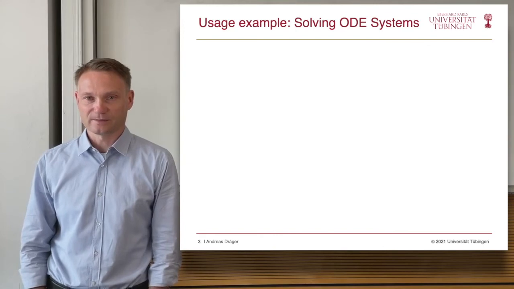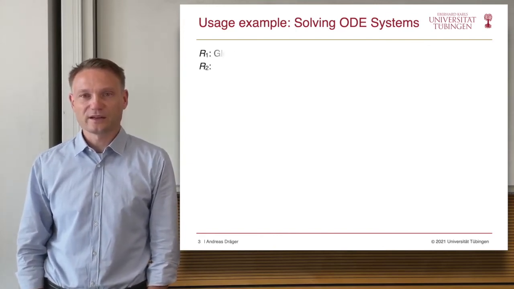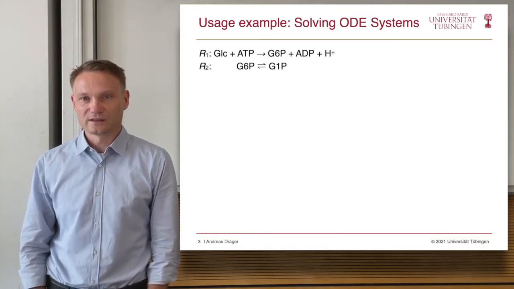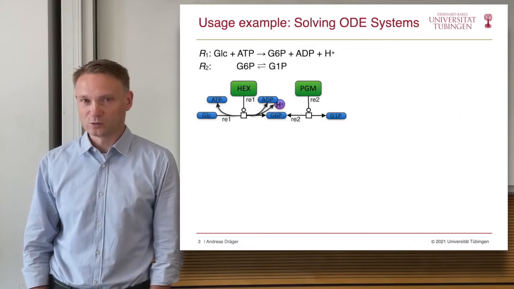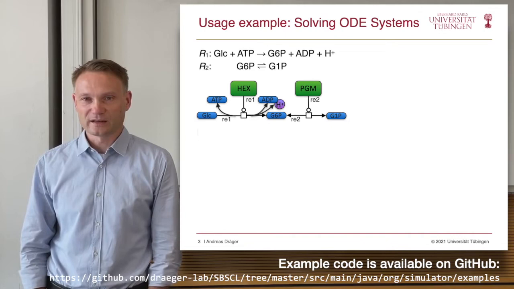Here's a usage example to demonstrate what it does. So let's assume you have a little system here, in this case 2 reaction equations, which can be displayed graphically if you like here, and then you want to solve that system.